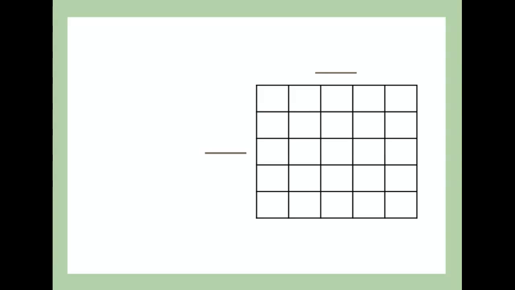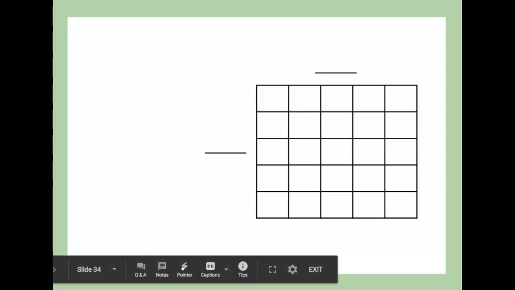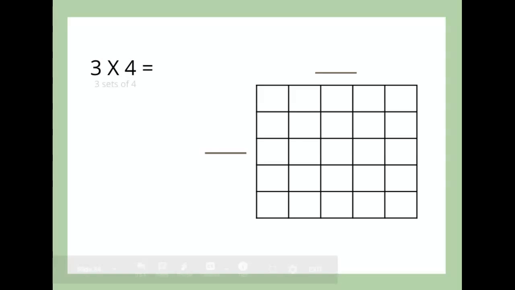We're now going to use an array to solve a multiplication problem with 4 as a factor. Remember, array is what we call these shapes or objects organized into equal rows and columns. So here we have 3 times 4, which is the same as 3 sets of 4 or 3 rows of 4. How will this look as a vertical equation?